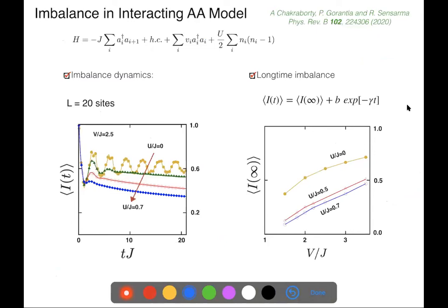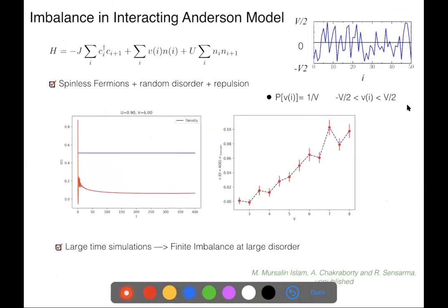Just to point out that using non-equilibrium quantum field theory type calculations, we can calculate these kinds of imbalances as a function of time and see finite imbalances. Work done with Ahana Chakrabarti and Pranay Gorantla. And this is data I'm very proud of. It came out yesterday.